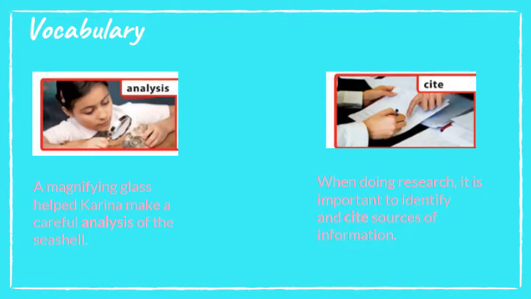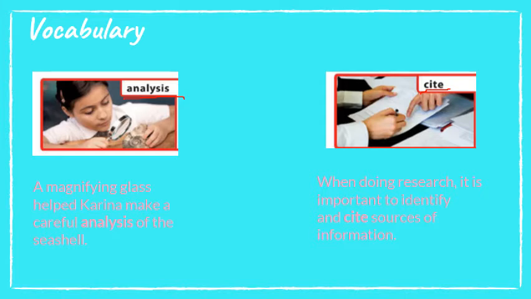Analysis. A magnifying glass helped Karina make a careful analysis of the seashell. When we say analysis, we mean as if we are having a closer look at something. We want to analyze it, to study it more, so we make an analysis. Cite. When doing research, it is important to identify and cite sources of information.